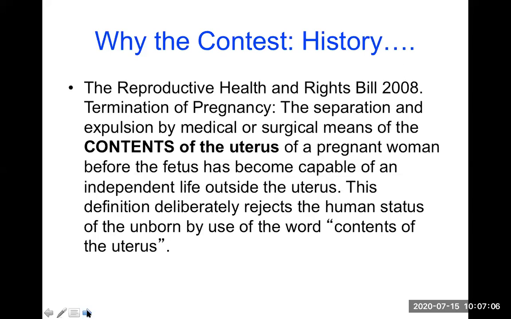Now, that is 2005. In 2008, we had the Reproductive Health and Rights Bill, which defined termination of pregnancy as the separation and expulsion by medical or surgical means of the contents of the uterus.